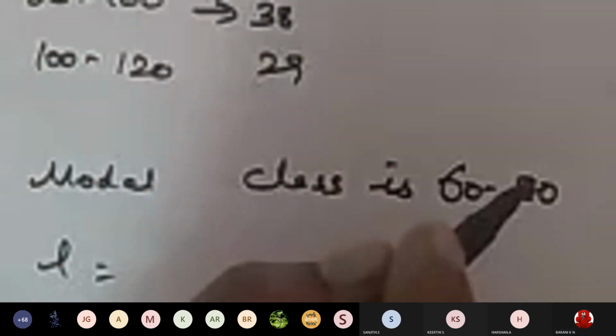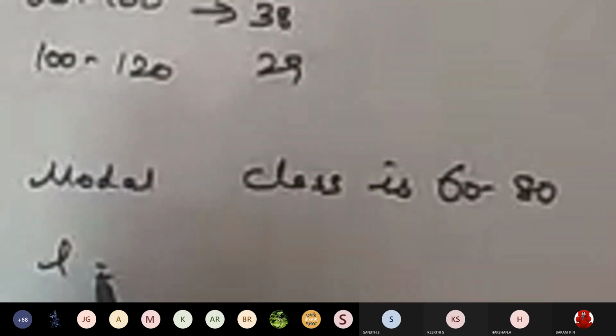What is the modal class? Which is the highest frequency? 61. The modal class is 60 to 80. In the solution, there is no need to write the tabular column; the question's tabular column is more than enough. What is the lower limit of the modal class?